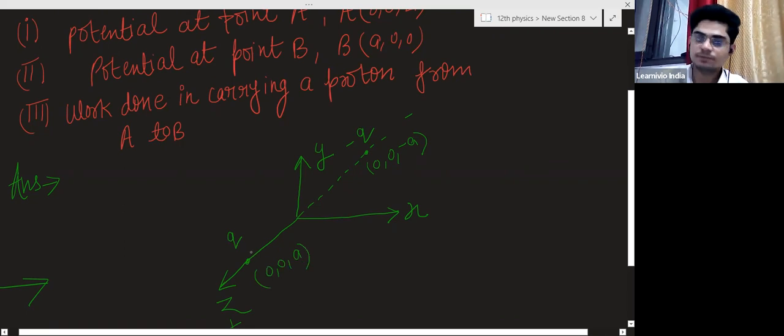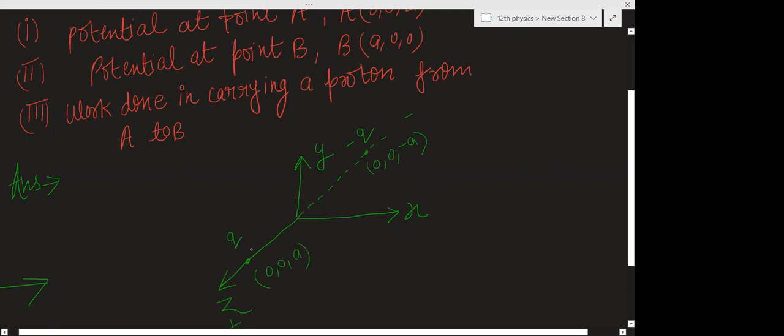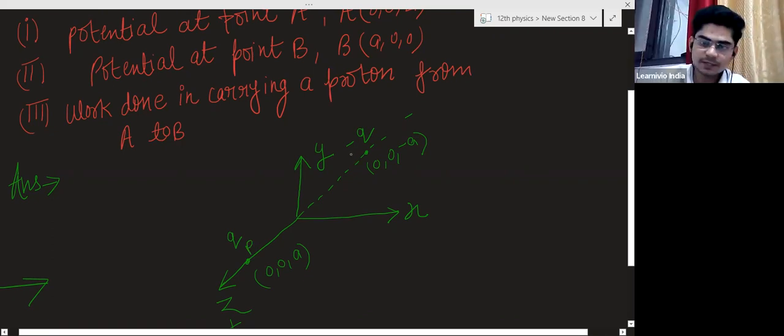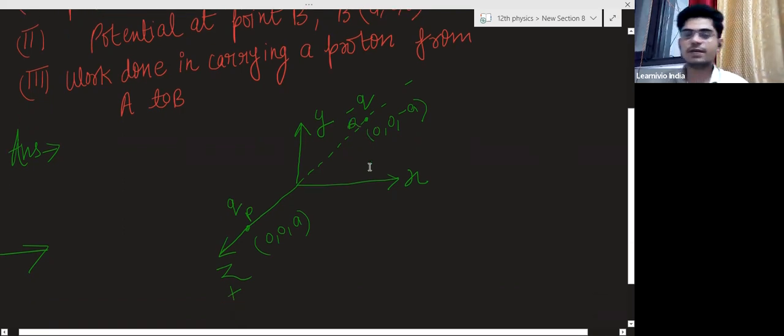I am supposing this point as P and this point as Q. This is the center, so the distance OP is a, and the distance QO is also a.